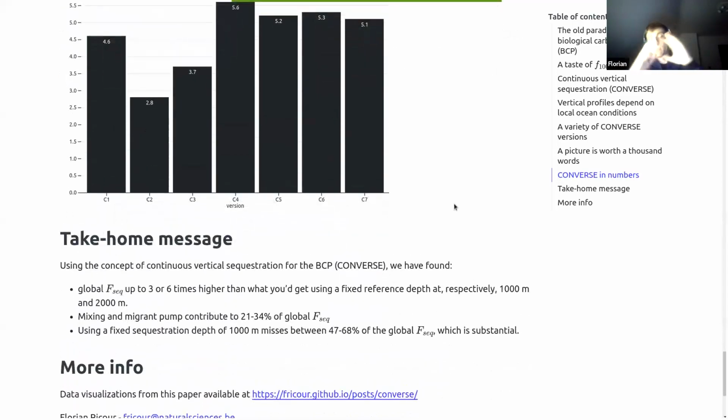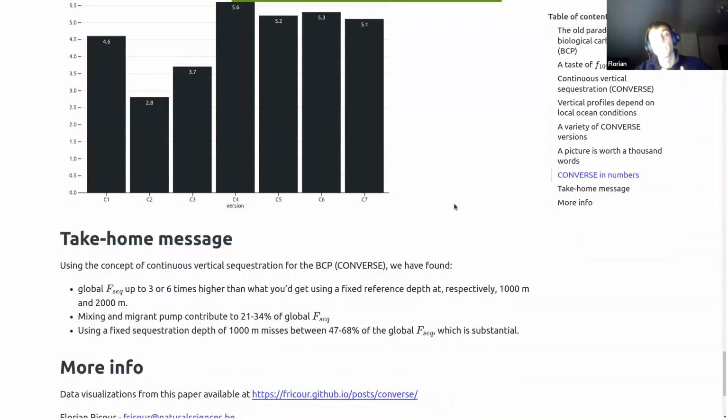So if you want to remember some key points for this talk, using this new framework called Converse, we have found that, as I just showed you, the global sequestration flux would be up to 3 or 6 times higher than what you would get if you use a fixed reference depth at respectively 1,000 meters and 2,000 meters.